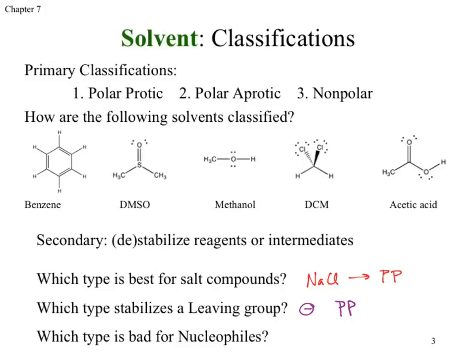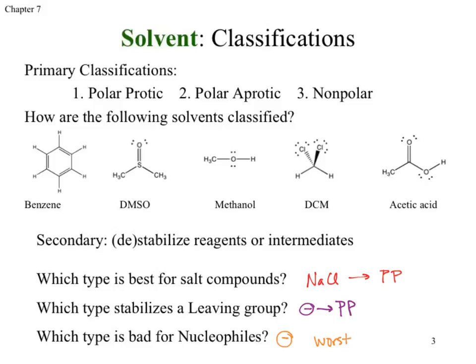Which type is bad for nucleophiles? What does our nucleophile have? A negative charge, at very least some source of electrons. What's going to be the worst solvent choice for a nucleophile? What do we want our nucleophile to do? It needs to be able to share its electrons with the substrate. So what's going to be the absolute worst choice for a solvent?